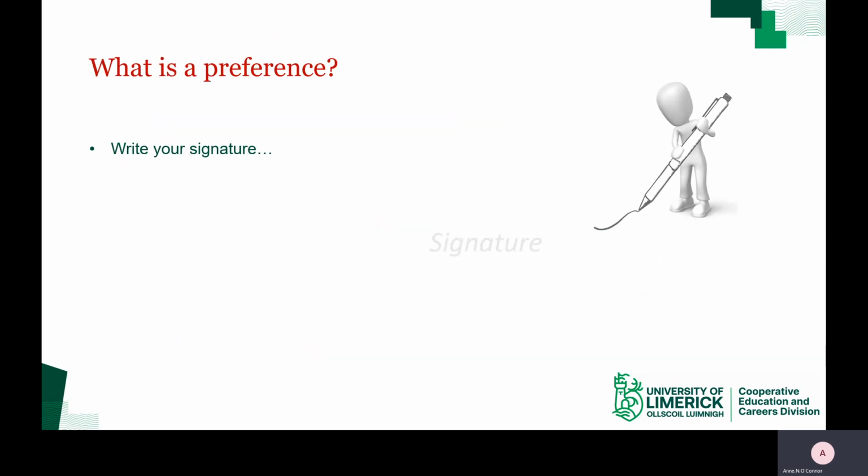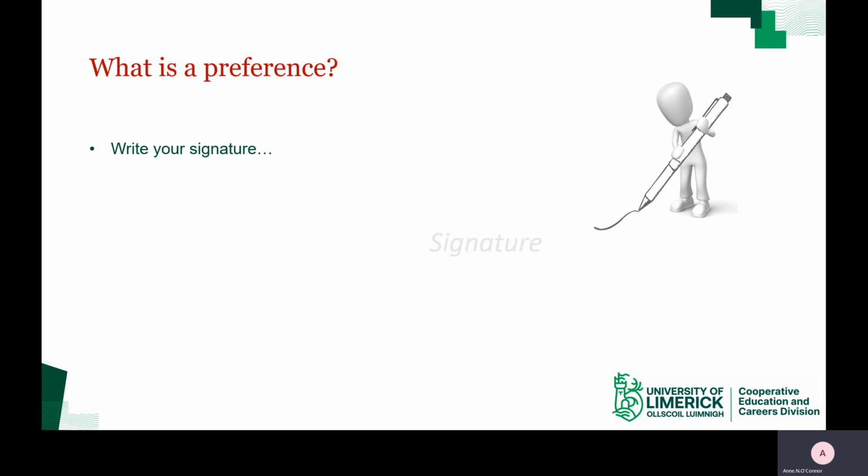So I'm going to kick off with a little exercise. I'd like you to get out that pen and piece of paper now. This is really to highlight your understanding of what a preference is. So first of all, I'd like you to take a few moments and write your name with your dominant hand, whether that be left or right-handed.